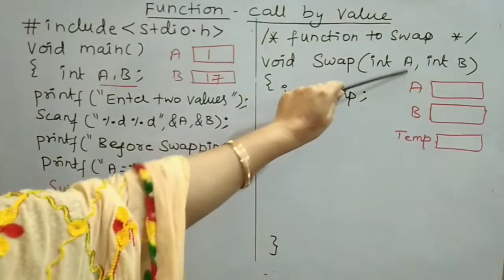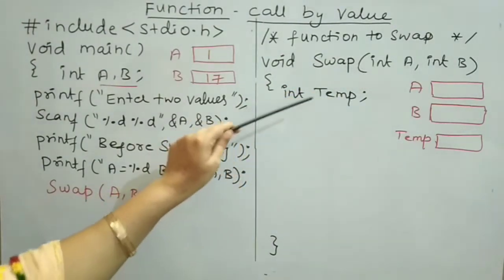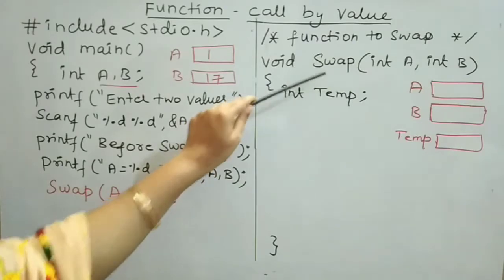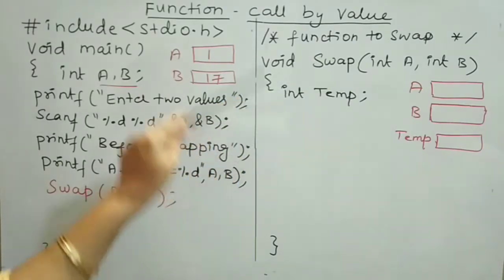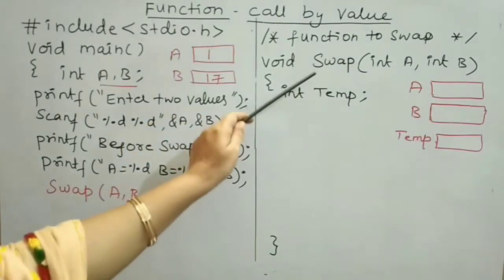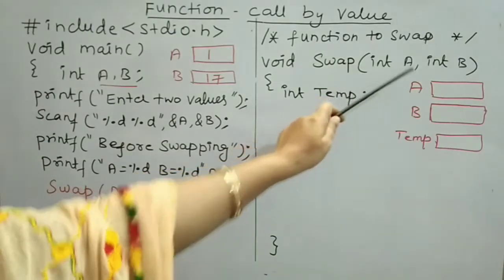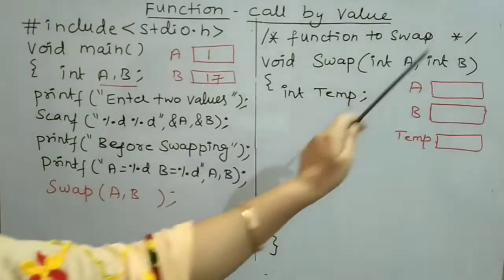What is the lifetime or scope of this variable? Whenever a variable is declared inside a function or within a block, the variable can be accessed only within the block or function where it has been defined. So inside this function we have defined a local variable temp. In the prototype we have defined two variables a and b.